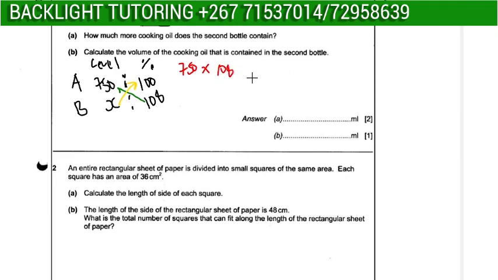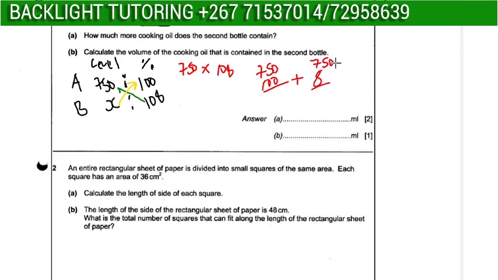The quicker way I like to do this is that I break down this 108 into 100 plus 8, right? Then I multiply both with 750. Then I add the total.